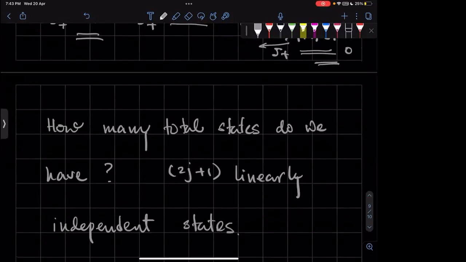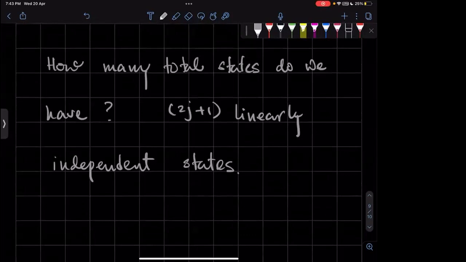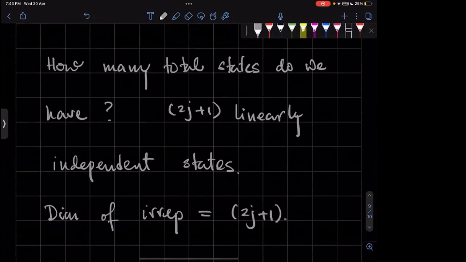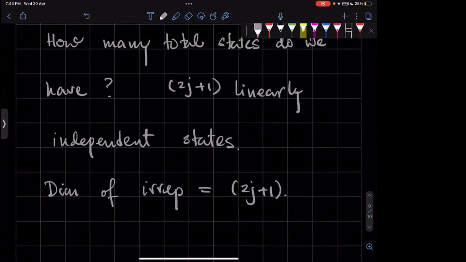So that means the dimension of that irreducible representation, the dimension of the vector space on which the irreducible representation acts, is 2J plus 1. And what about lambda?